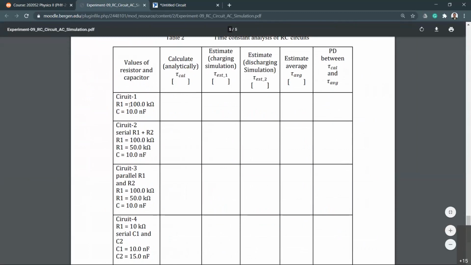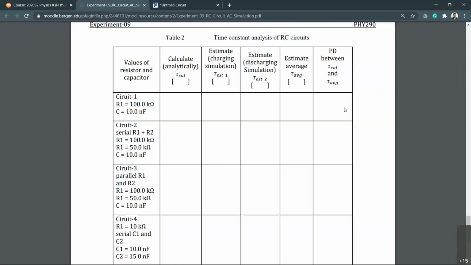The values given are there, and you know how to calculate the time constant using R and C. Then we're going to measure the estimated time constant using the charging simulation curve, called tau 1, and then estimated using the discharging curve, that is tau 2. Then you take the estimated average and compare that average with the calculated value, that is the percentage difference. Very simple experiment, okay? Good, any question?